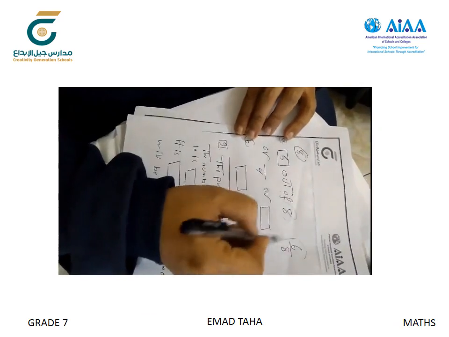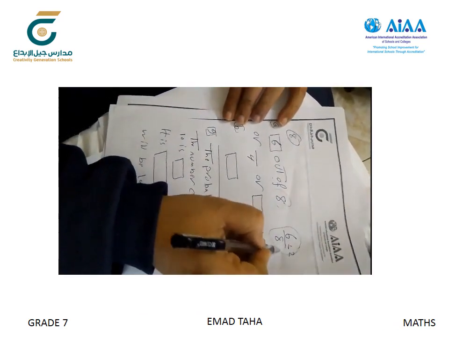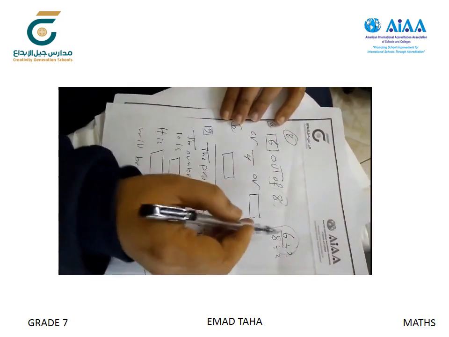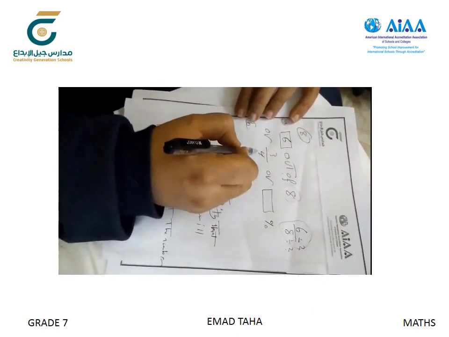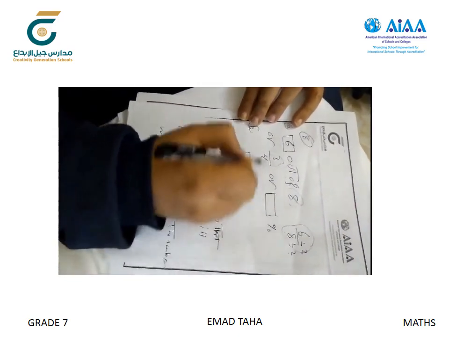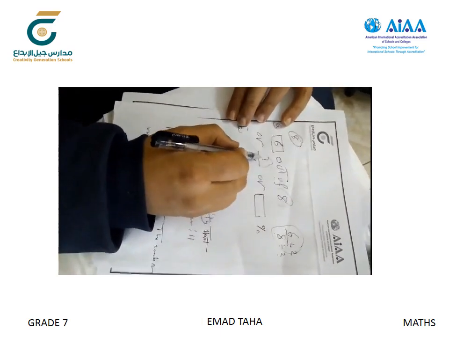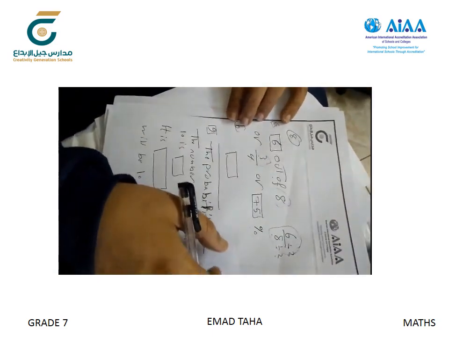Okay, how to simplify it? We divide each term by 2. 6 divided by 2 equals 3, and 8 divided by 2 equals 4. 3 over 4. I want to write it as a percent. You know that 3 over 4 is a famous fraction. It means 75%.